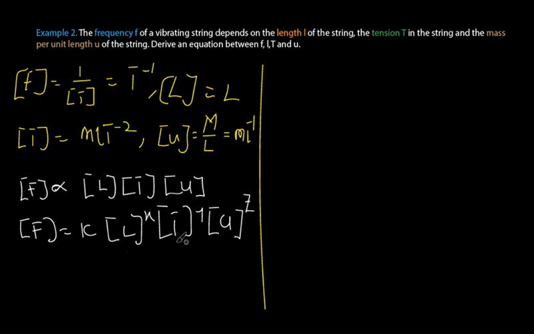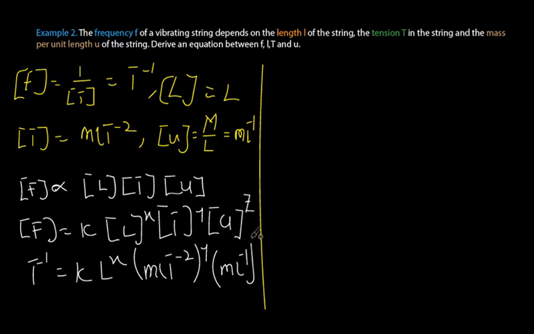In place of F we put T inverse. So we have T inverse is equal to K L power X, for T we have MLT minus 2 power Y, then ML minus 1 power Z.